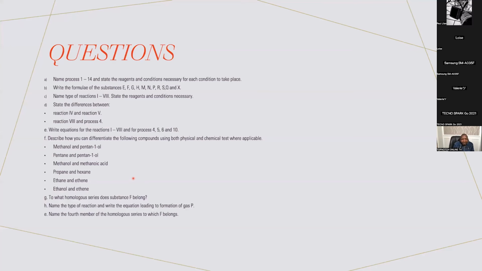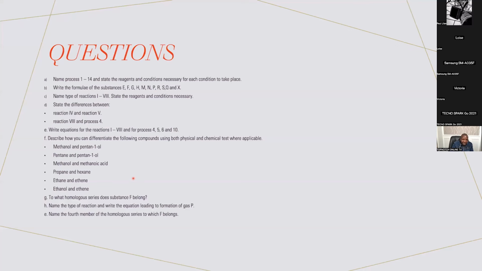Catalyst. Concentrated acid. No, normally when you are talking about this, we have a process 3, like converting ethene to ethanol.